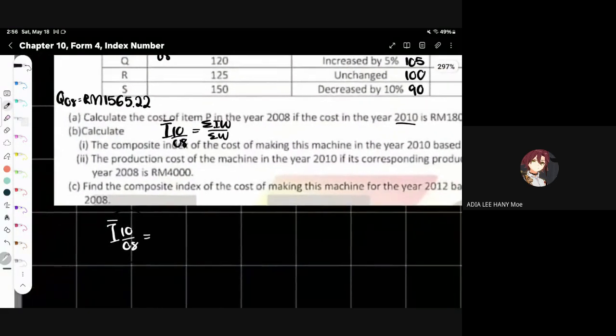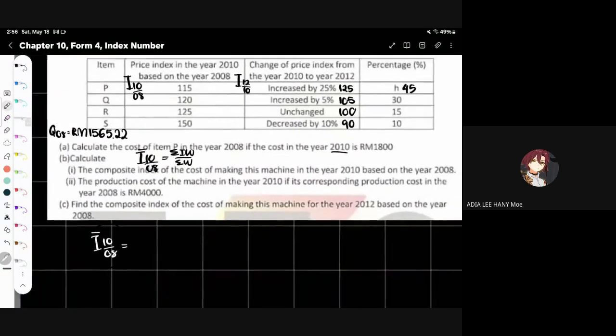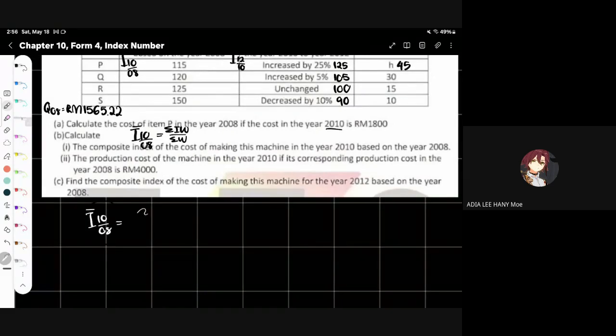So now the painful part, writing everything out. 115 times 45, plus 120 times 30, plus 125 times 50, plus 150 times 10, divided by 100. You have to write this in your paper as well. That's how you get marks.